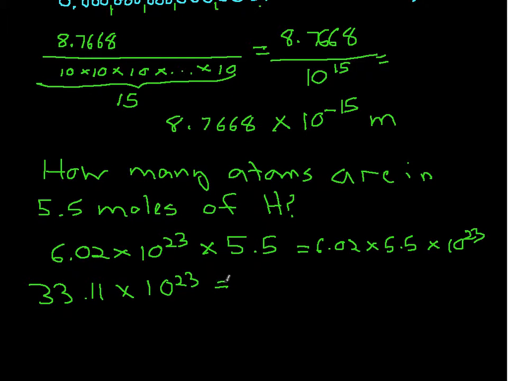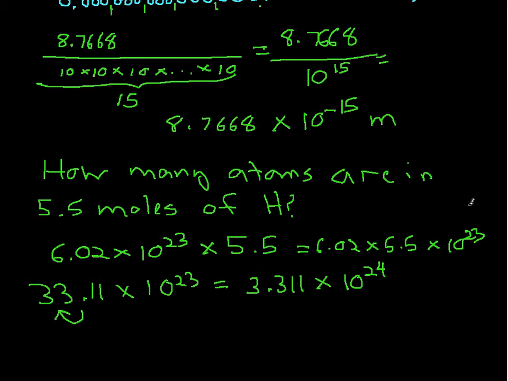Now we have a rule about scientific notation that we should only have 1 unit to the left of the decimal point, so we actually should take this and make it 3.311 times 10 to the 24th. Now you see I moved that decimal point 1 place over, so I had to increase the exponent from 23 to 24.